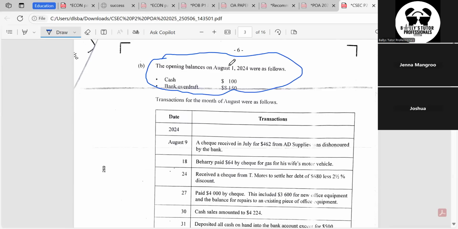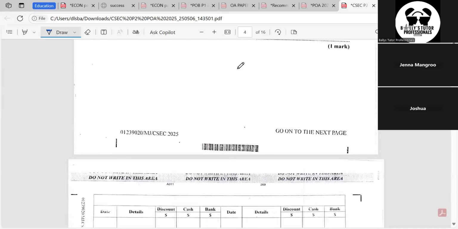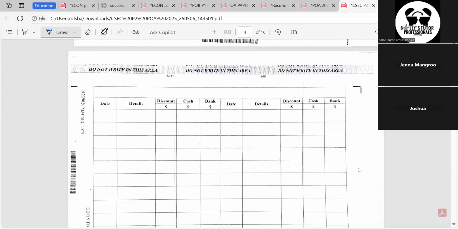Yes, sir. So they have an opening balance for cash of 100 and a bank overdraft of 8,150. The date is the 1st of August. So the balance for cash is 100. Where is that going, on the debit side or the credit side? The debit side. Your assets always have debit balances, right?